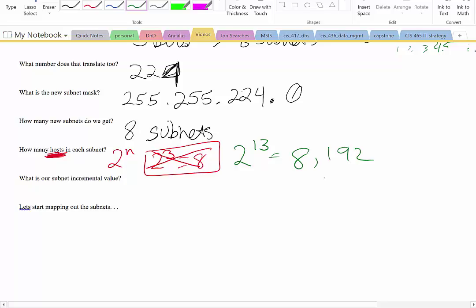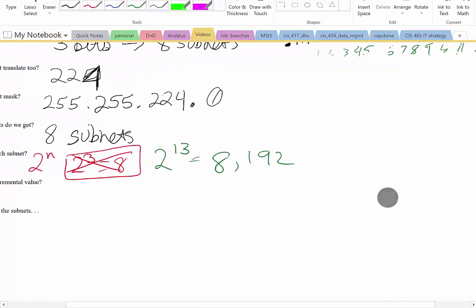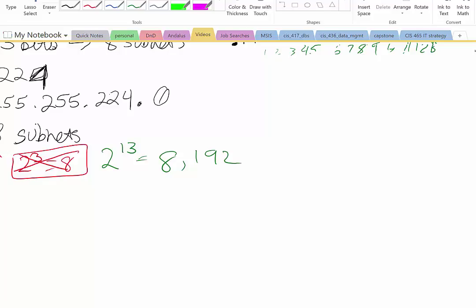8,192. So that is the total number of hosts in each subnet. Now, there's another formula, a variation of this, which tells us the number of usable hosts. And that is 2 to the power of n... 13, not 12.